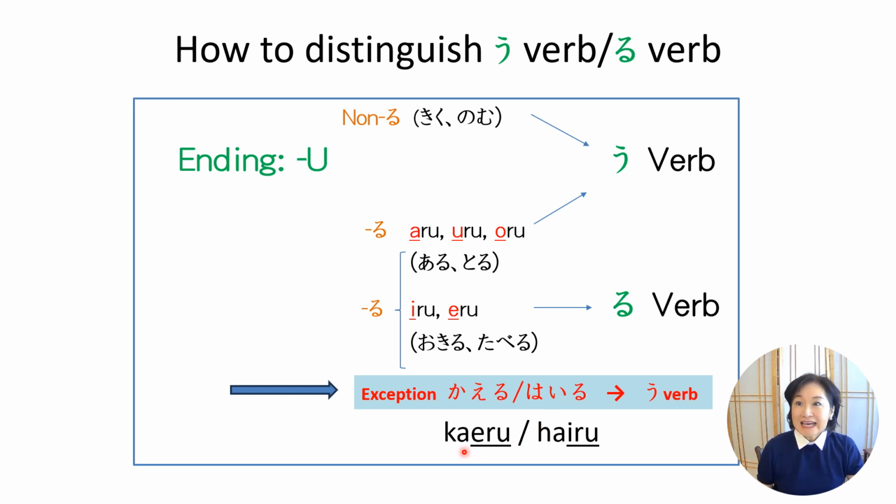Despite 帰る ending in eru, and seemingly a Ru verb, it is actually a U verb. Similarly, 入る ends in いる, but it is classified as a U verb. Please remember these exceptions and note that they are U verbs.